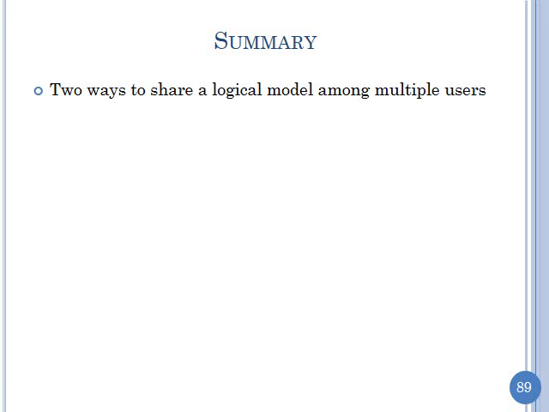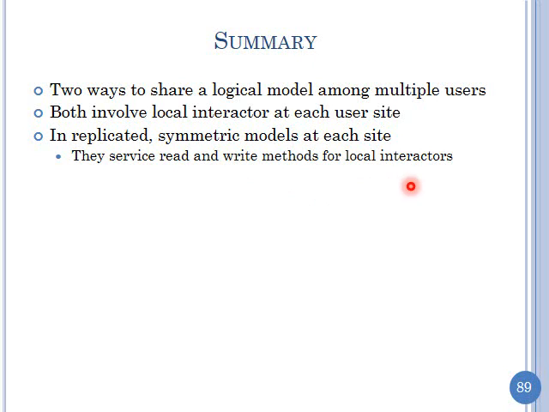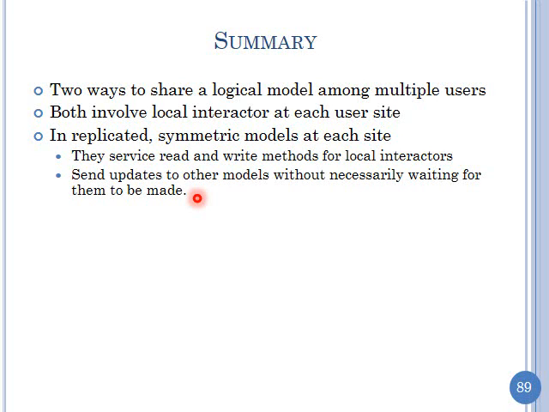So, 2 ways to share a logical model among multiple users: centralized and replicated. Both involve a local interactor at each user site. In replicated, the symmetric models are used. Okay, they do both read and write methods. And they can send updates to other models without necessarily waiting for them to be made locally.